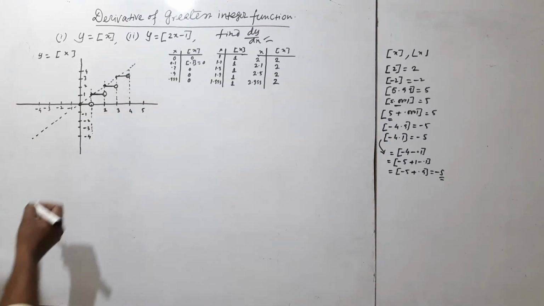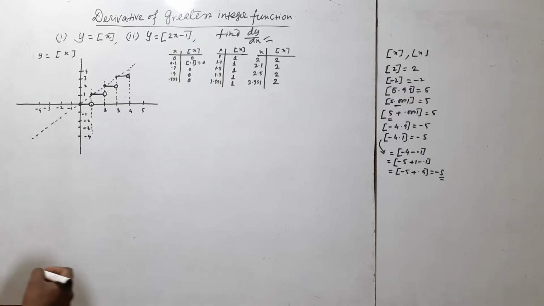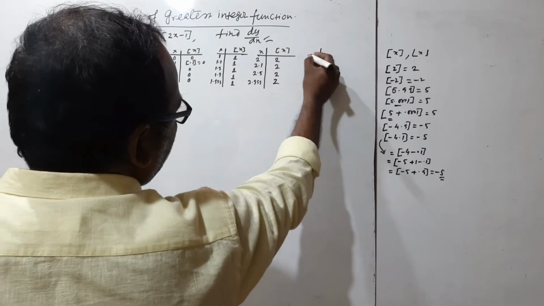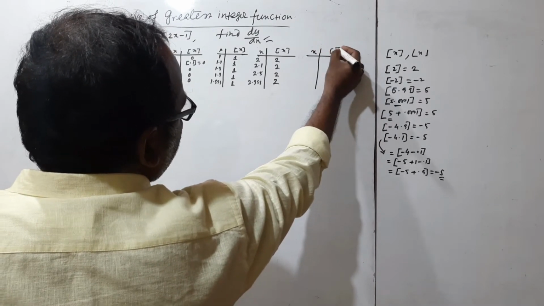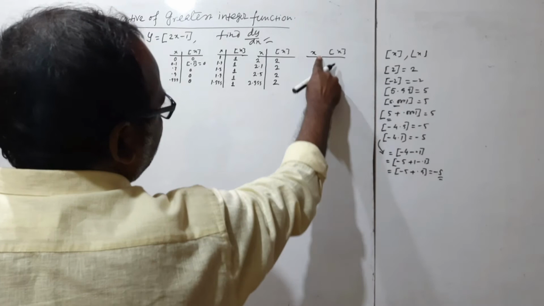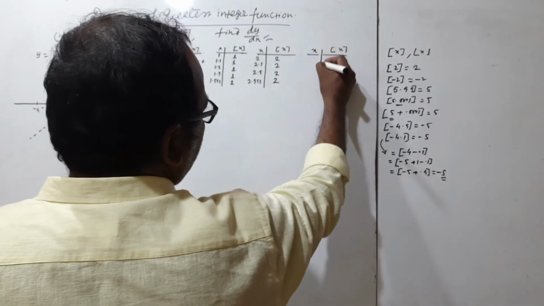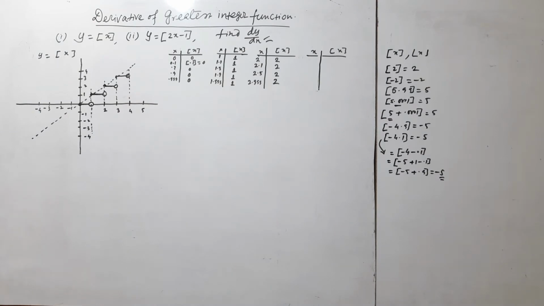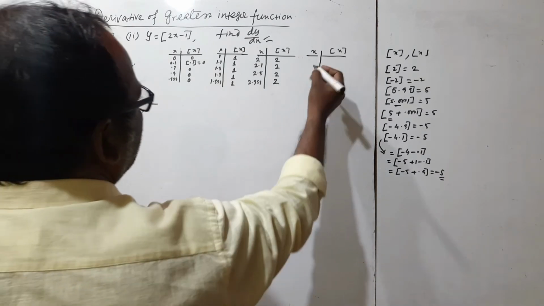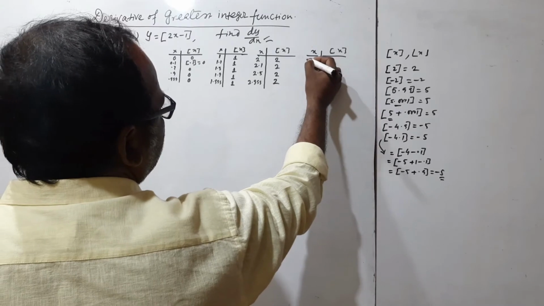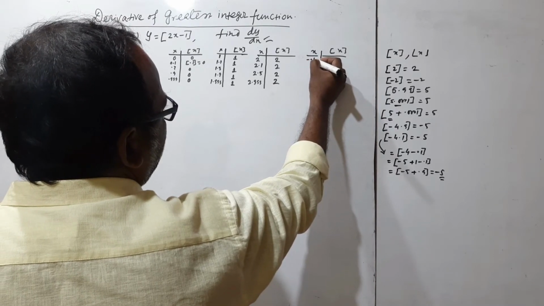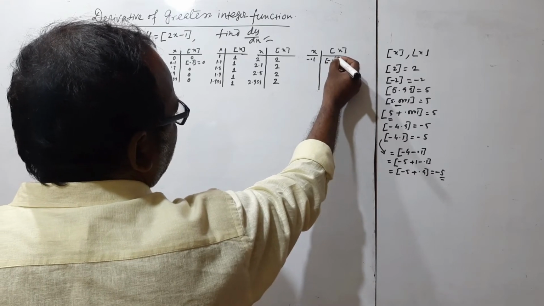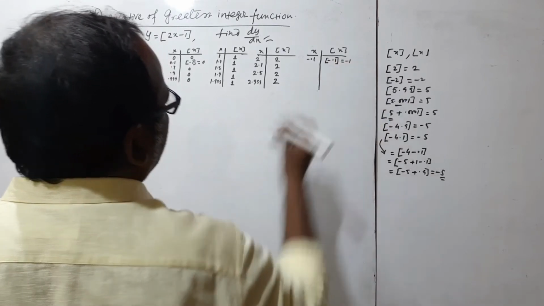In the case of negative values, take box x. Box of minus 0.1 is minus 1.